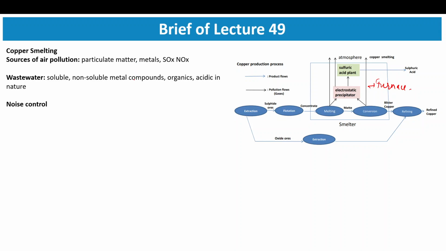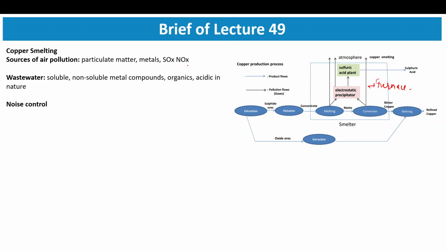So here, since ore is involved, initially during the phases of crushing of ore and so on, there will be a lot of particulate matter and dust formed, resulting in air pollution. Obviously, there will be some metal contents because copper is extracted from a metal-containing region, right?